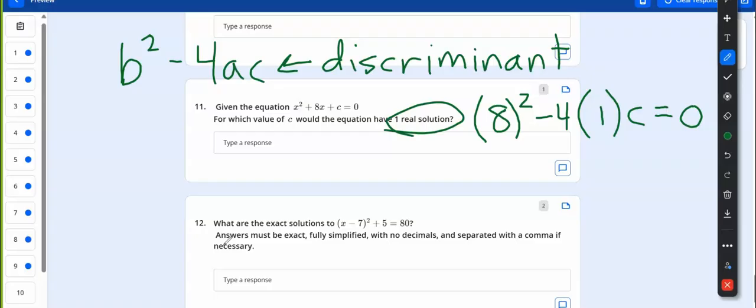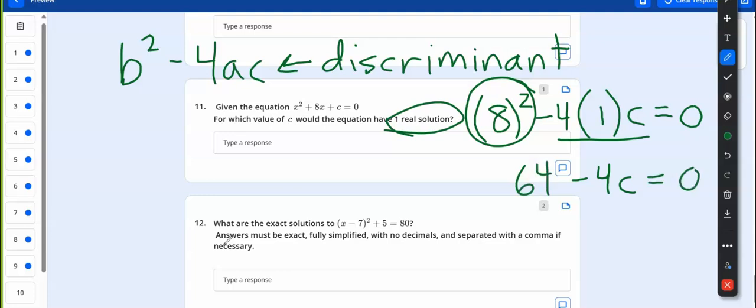Multiplying -4 and 1. Yep, you can multiply all that together and get negative 4c. And what is 8 squared? 64. Okay, so tell me how to solve this. Subtract 64 on the other side. Good.